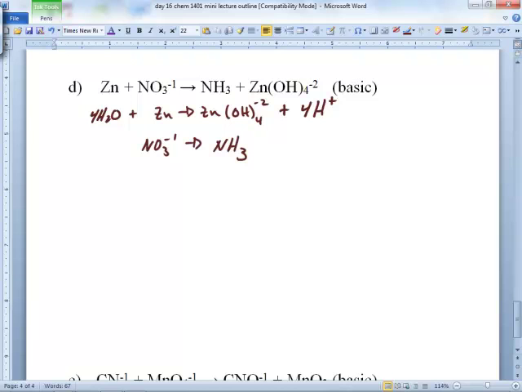Now we're supposed to balance charge by adding electrons to the most positive side. So my reactants, Stephanie, what's the total charge on the reactant side? 0. Good. And then on the product side, Lauren, what's my total charge?